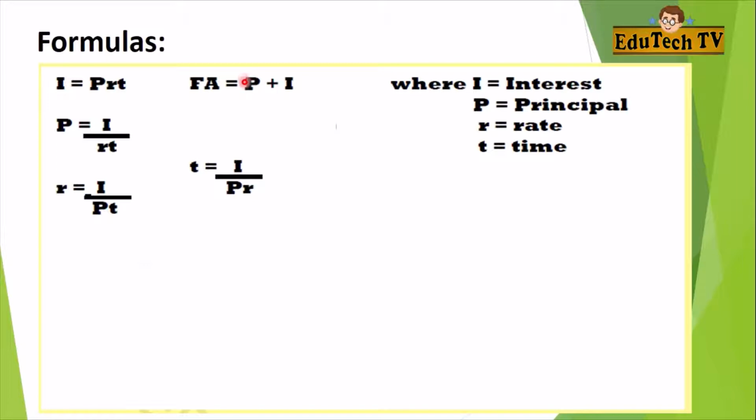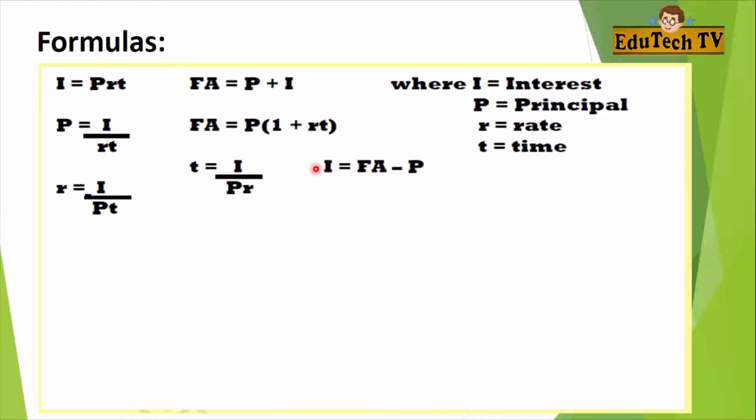Now, we have also the formula for the final amount. We said earlier, it's the sum of the principal and the interest. Whenever the interest is not given, we can still find the final amount given that the rate, the time, and the principal are given. So this is the formula.